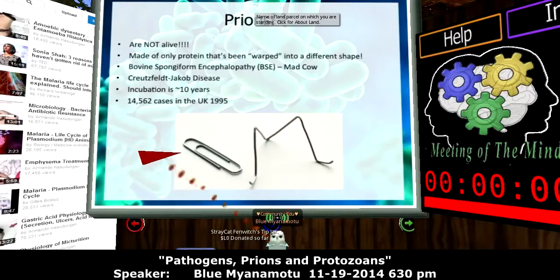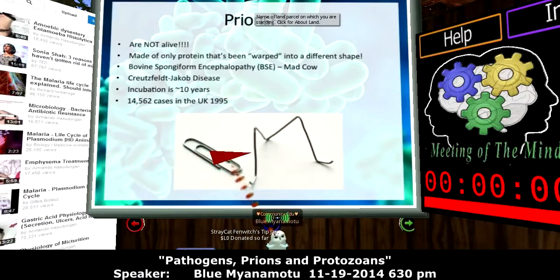We all have proteins that are called prion proteins. I know it's a little confusing, but these are normal proteins in our brains, and they serve a particular function. But the problem with mad cow disease is that this paperclip, if you will, changes its conformation, its structure, into something else. When that happens, it no longer functions the way it's supposed to.